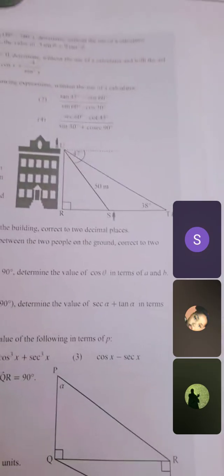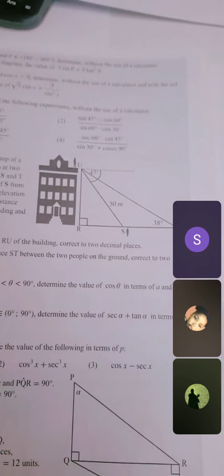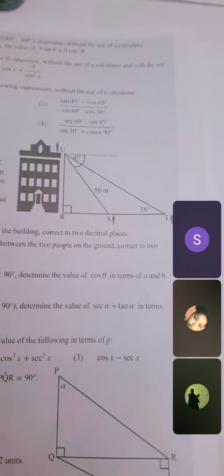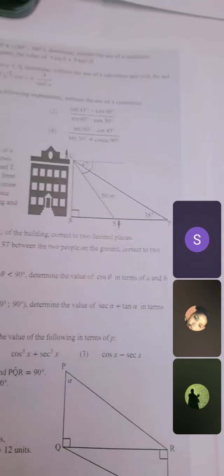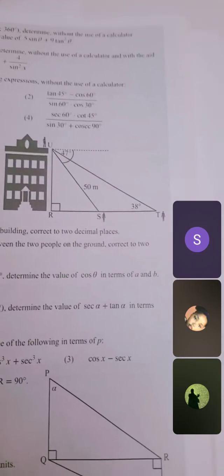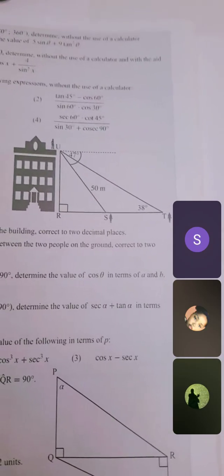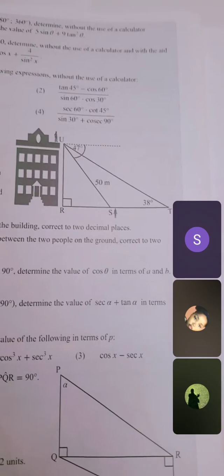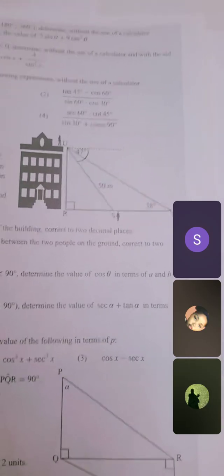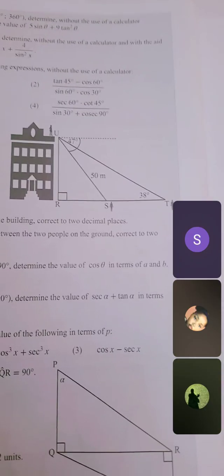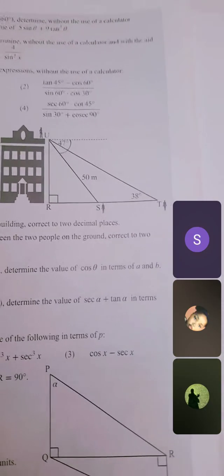Asenati, any thoughts? We can't use the trigonometry since it's not a right-angled triangle. We can't use the what? The trig ratios. Okay, I'm listening. What then could we use?